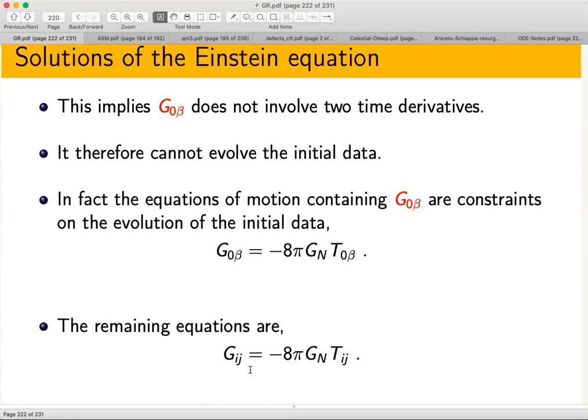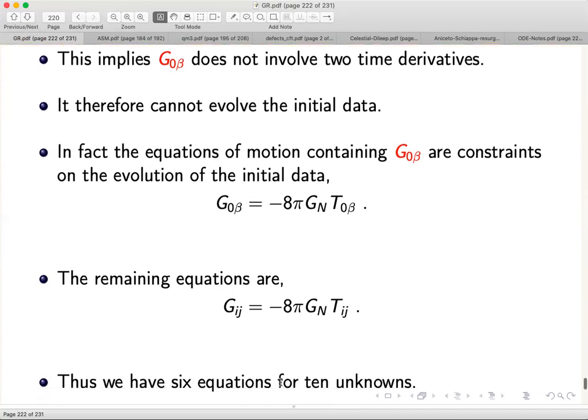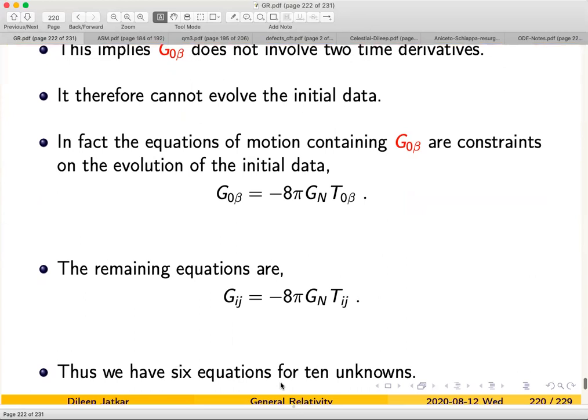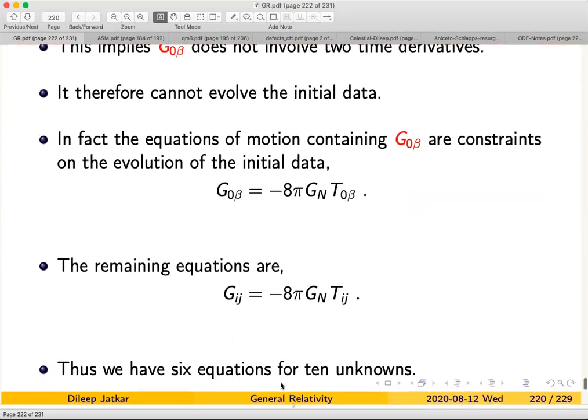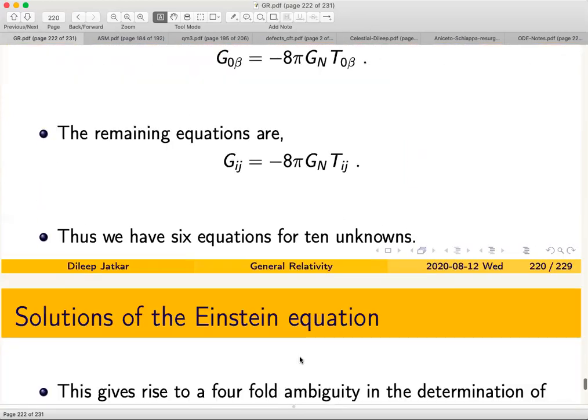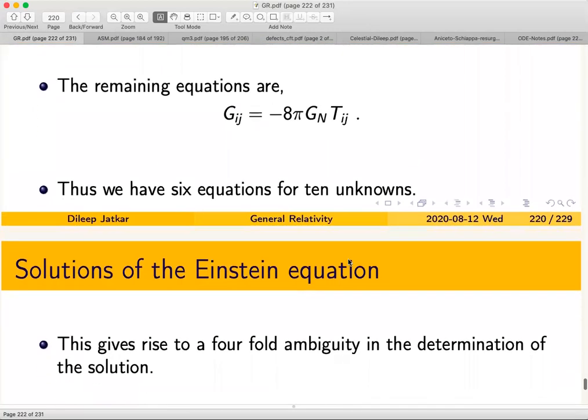They are spatial coordinates, and G_ij is symmetric, so therefore there are only six equations, because it is 3 into 4 by 2. Whereas for the metric g alpha beta, we had 10 non-trivial components. So we are again in a situation where we have six equations for 10 unknowns.